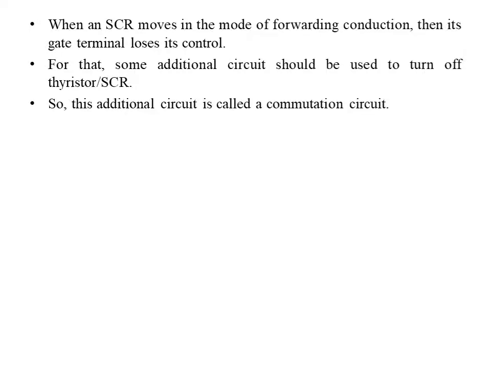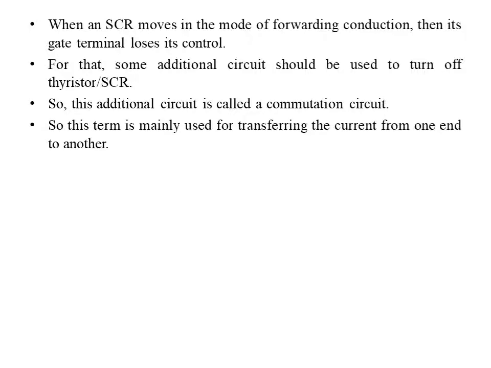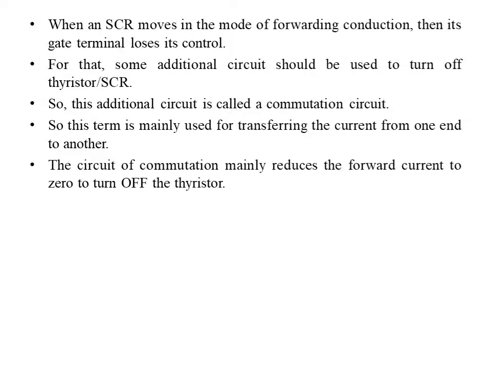This additional circuit is called a commutation circuit. So, the circuit used to turn off the thyristor or SCR is called a commutation circuit. This term is mainly used for transferring the current from one end to another.